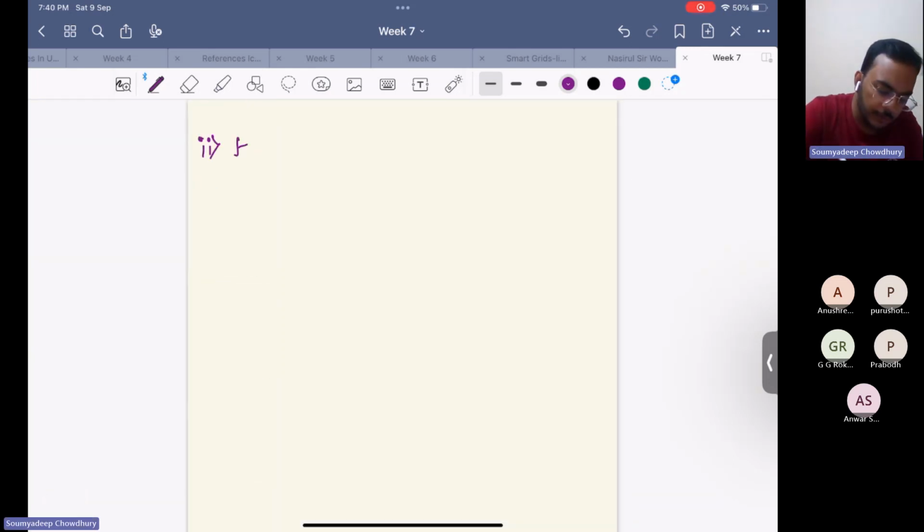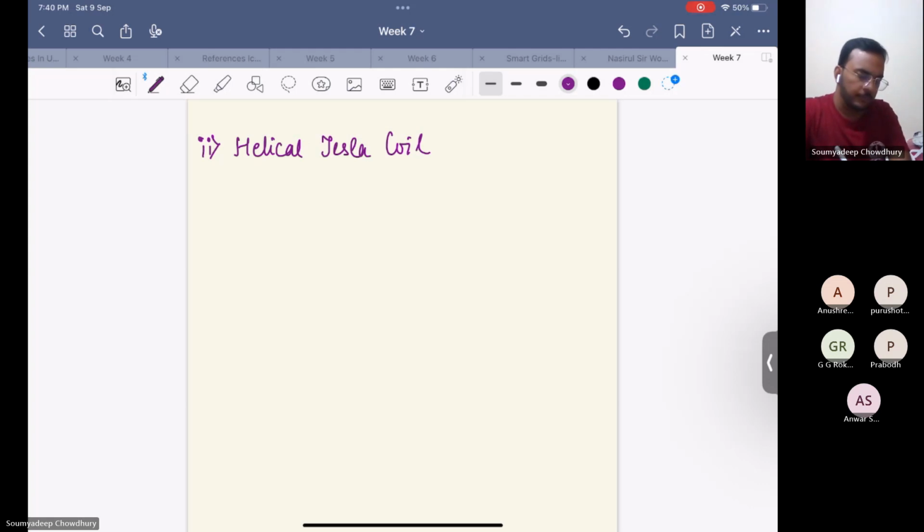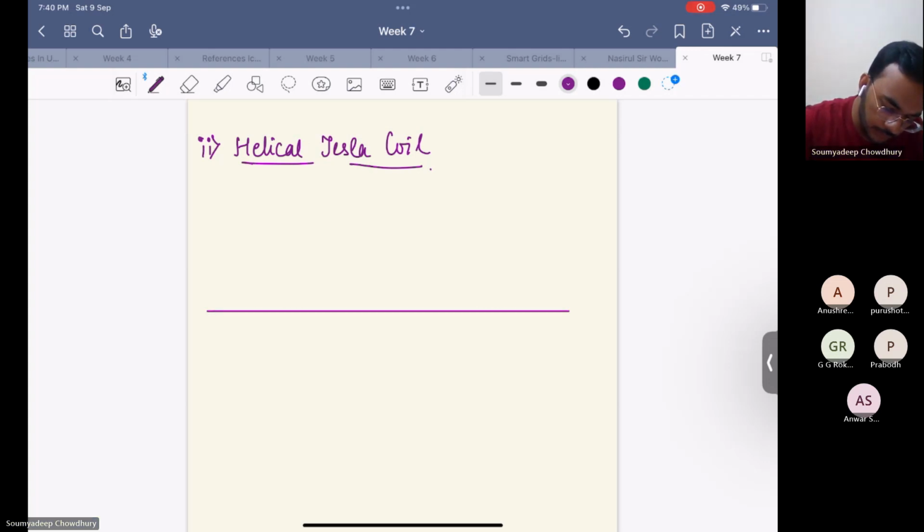Then we have the helical one. Actually, it is difficult to draw.